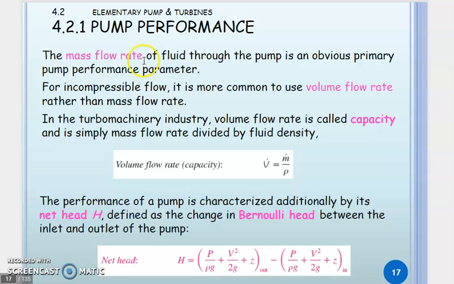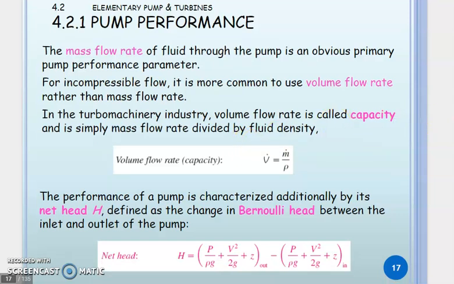The next one is the volume flow rate, normally symbolized by Q. But if you are into pump and turbine analysis, we normally use V dot instead of Q, and we call that the capacity. Then the density, which is rho.